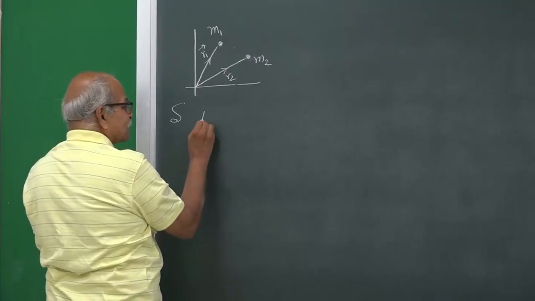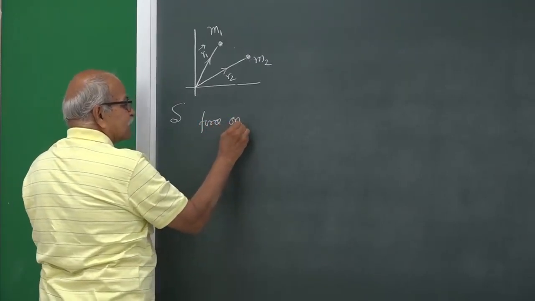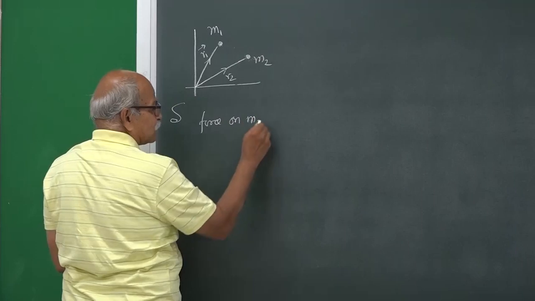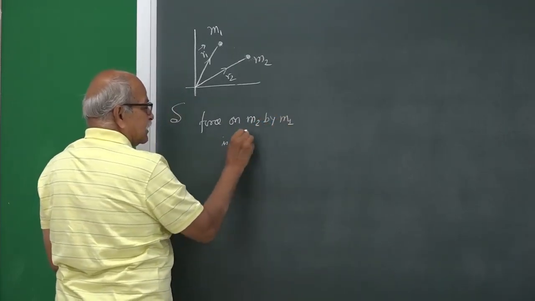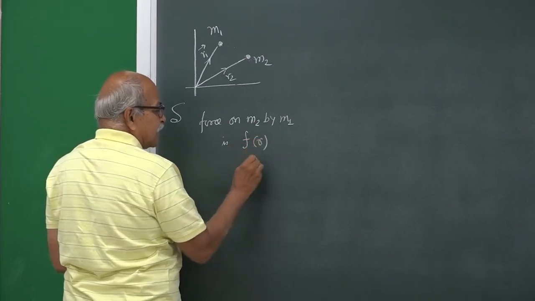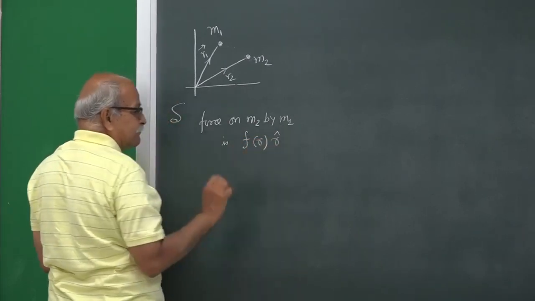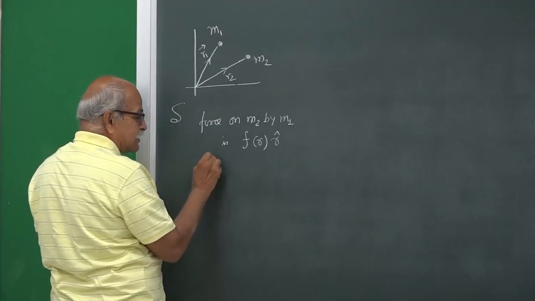So, the force on m2 by m1 is f of r in the r cap direction, but now what is the r cap direction?